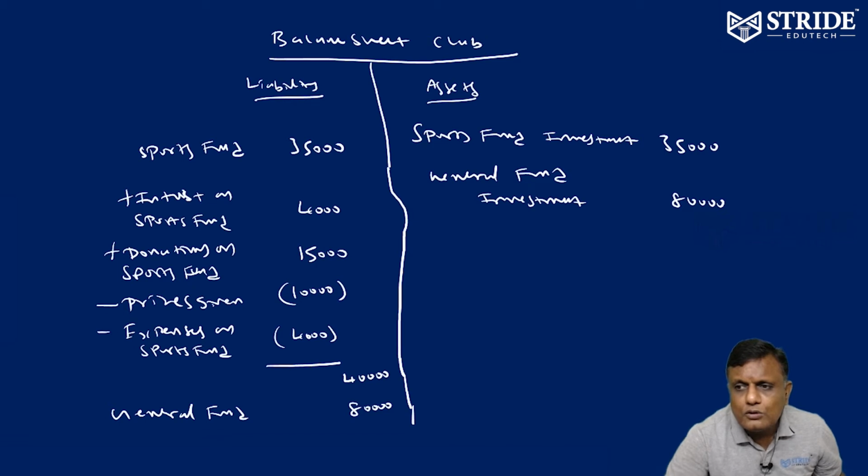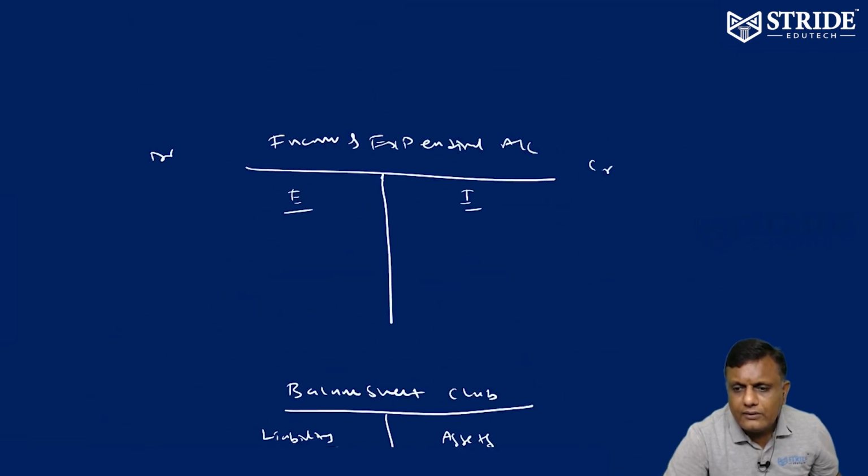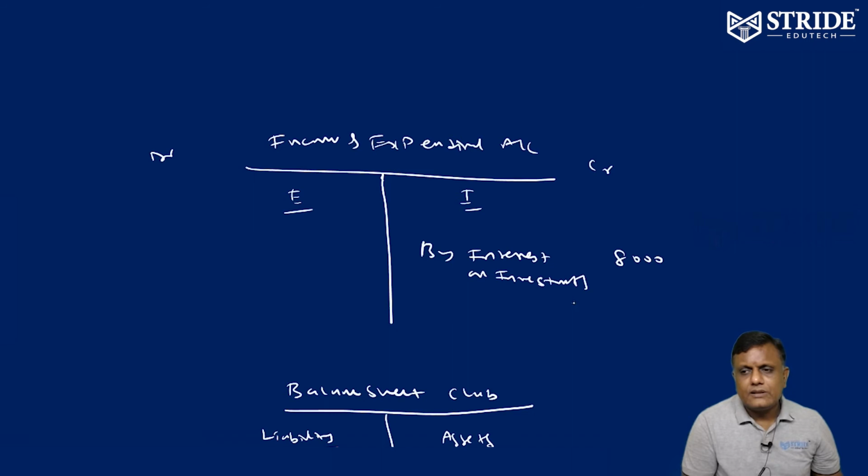So we have to post it to the income side. By interest on investments, how much? 8,000. That's it. Okay.